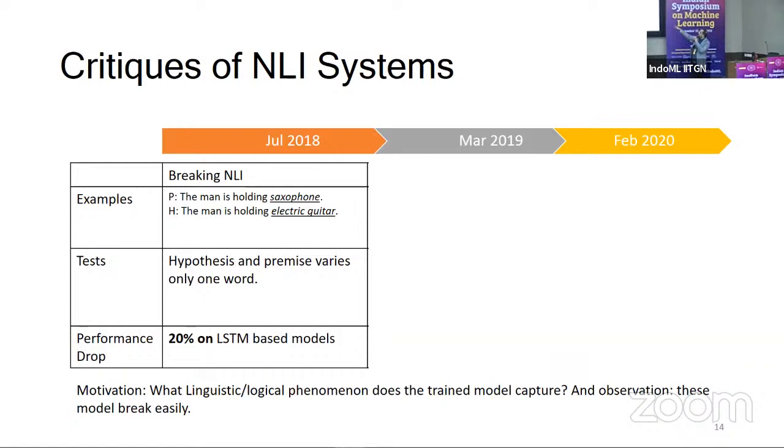And neural nets were failing on examples like just synonyms. So a man is holding a saxophone, a man is holding an electric guitar, right? These very simple lexical perturbations, where the hypothesis is a lexical perturbation of the premise, were failing and giving you a degradation of 20% of performance.